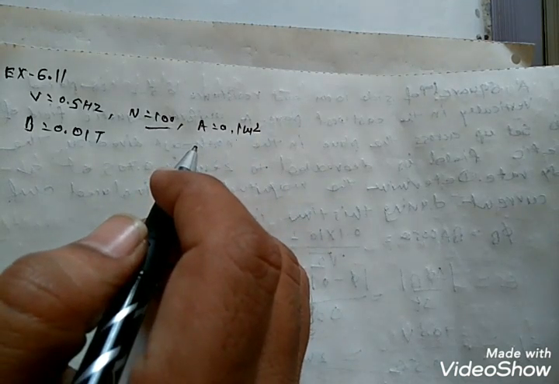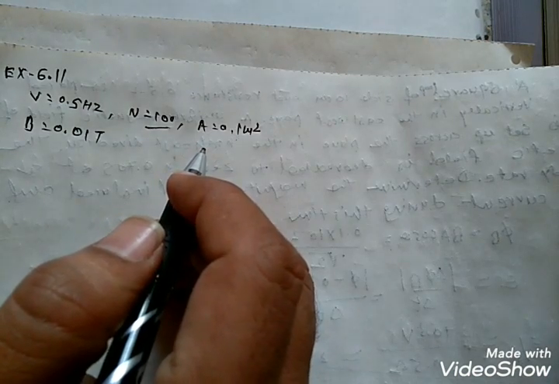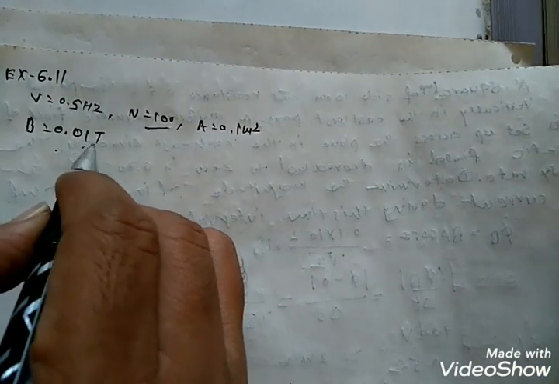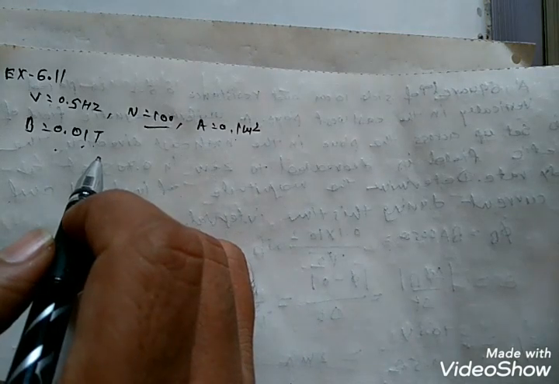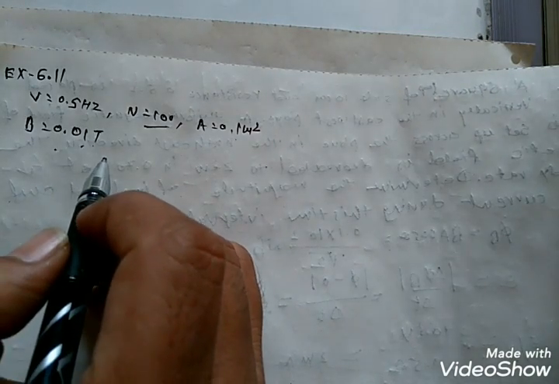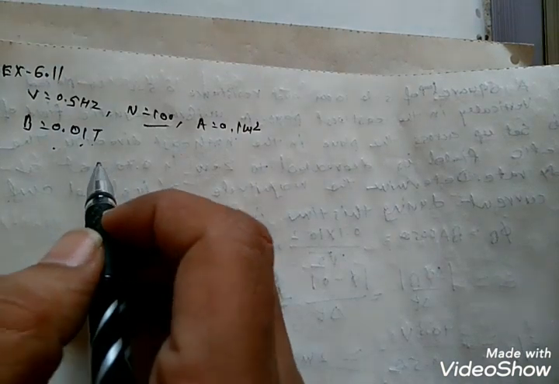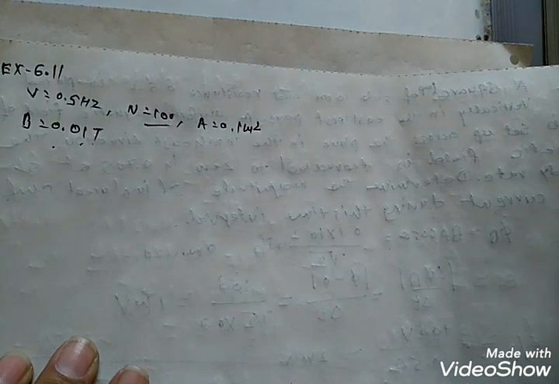The coil rotates at half a revolution per second and is placed in a uniform magnetic field of 0.01 Tesla perpendicular to the axis of rotation of the coil. What is the maximum voltage generated in the coil? This is from the last topic, the AC generator.